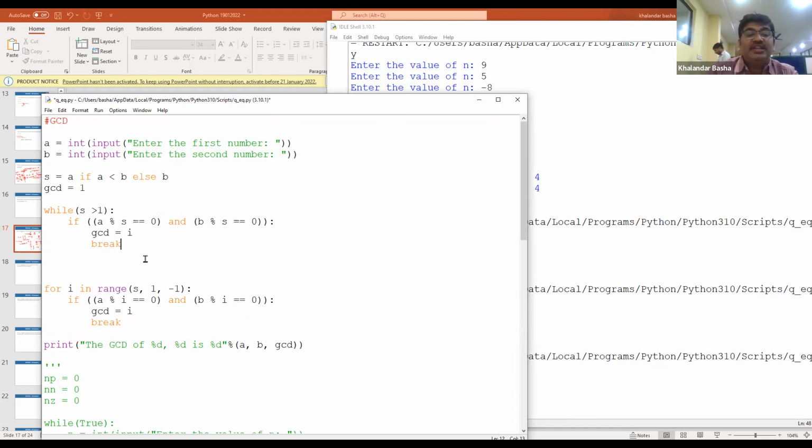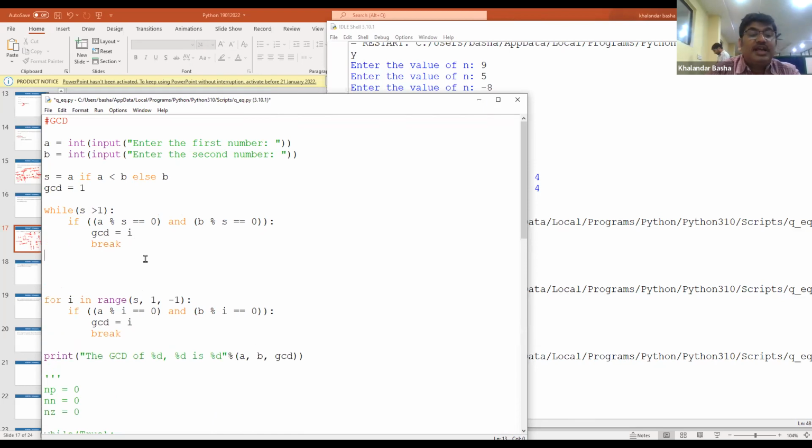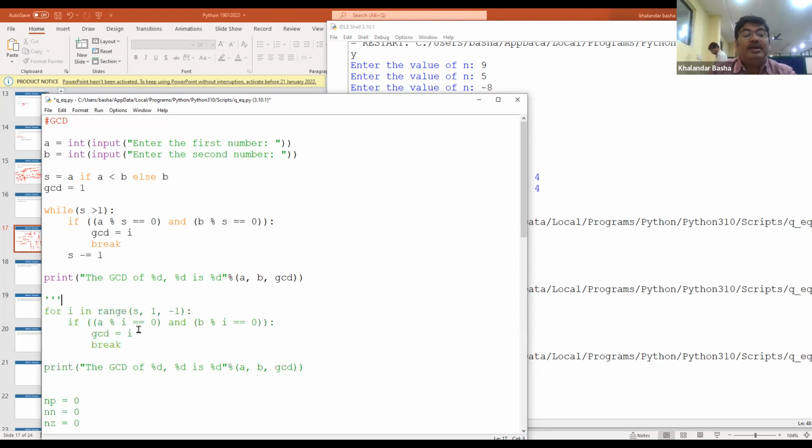Suppose this condition fails, then I have to decrement S. So I'll write S minus equals 1. This will be executed repeatedly. So whenever S takes the common divisor, it will be terminated.